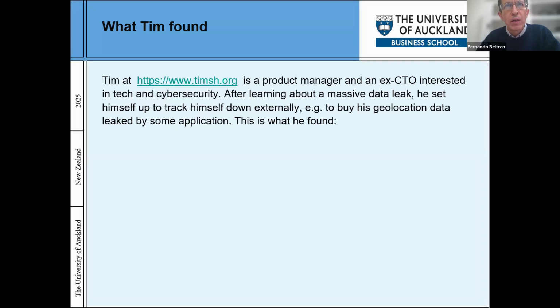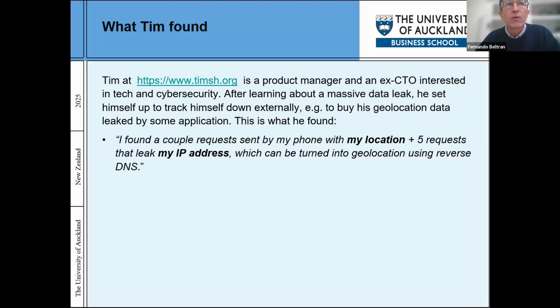He did that by looking into the records of the data that an app he was using was taking from somewhere in the memory. And what he found after extensive experiments and tryouts was the following. From his phone, his location and IP address had been sent out by an app, things that could be turned into geolocation information.